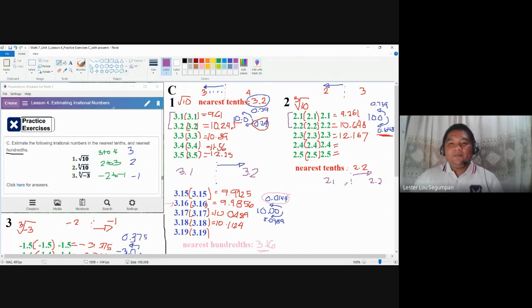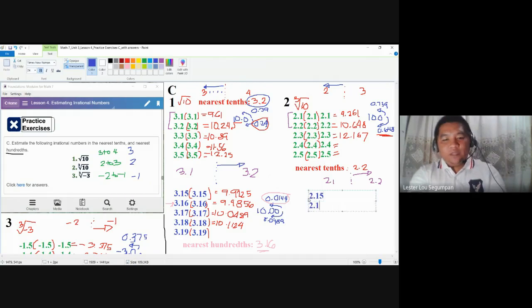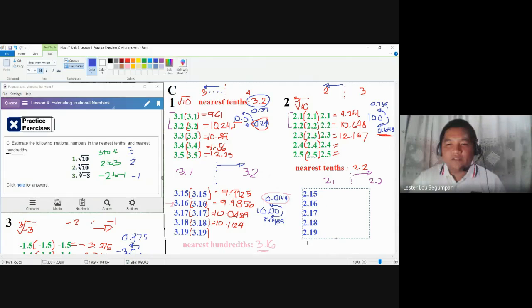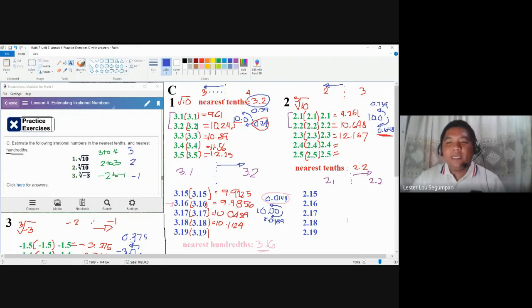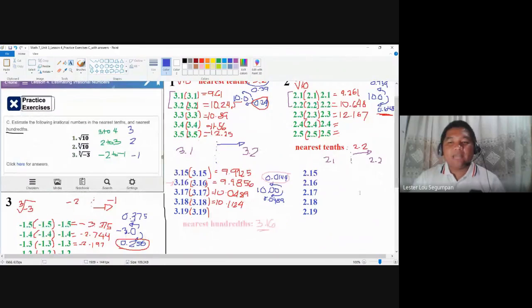So we pick now the values in two decimal places closest to 2.2, which are 2.15, 2.16, 2.17, 2.18, and 2.19. So these would be the trial values, and the answer is just between these 5 items.